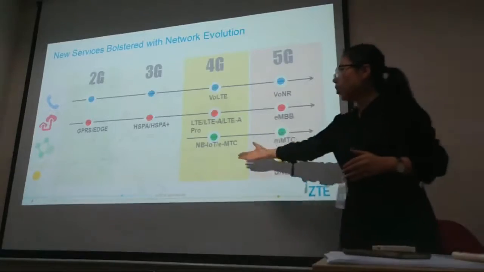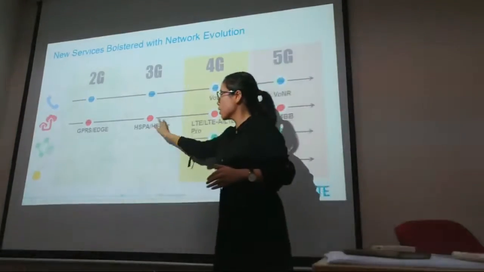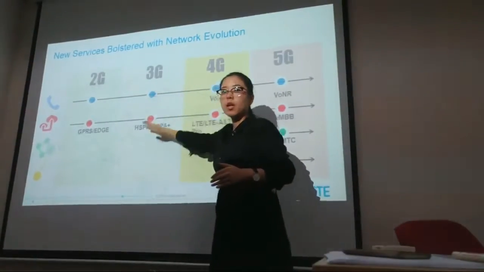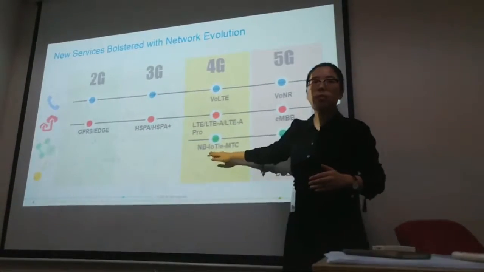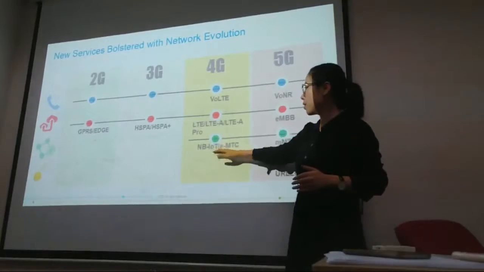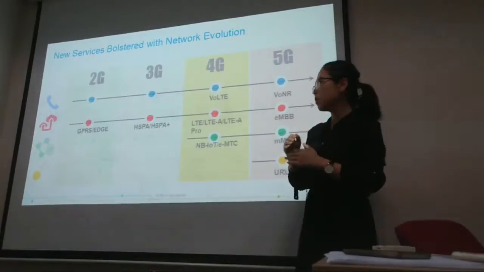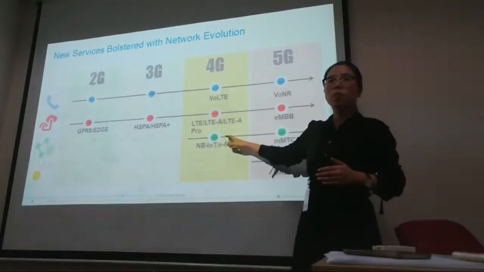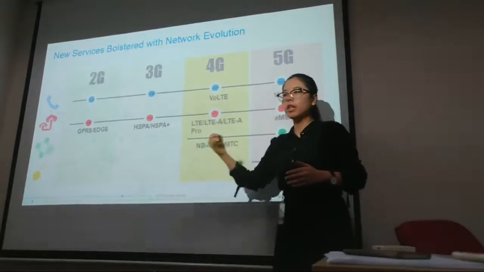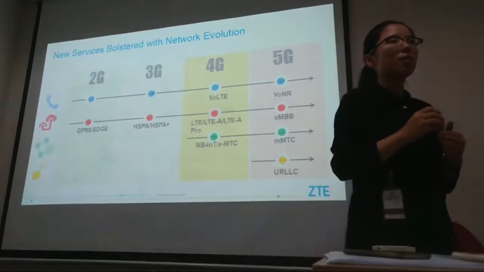So 2G, 3G, 4G are the traditional services. In 4G, we add the machine service, which we name in LTE. In 3GPP, they define NB-IoT and eMTC. NB-IoT is for the narrow band Internet of Things.